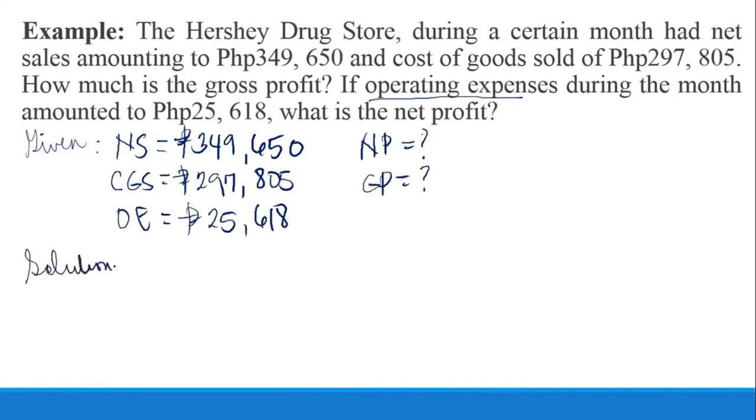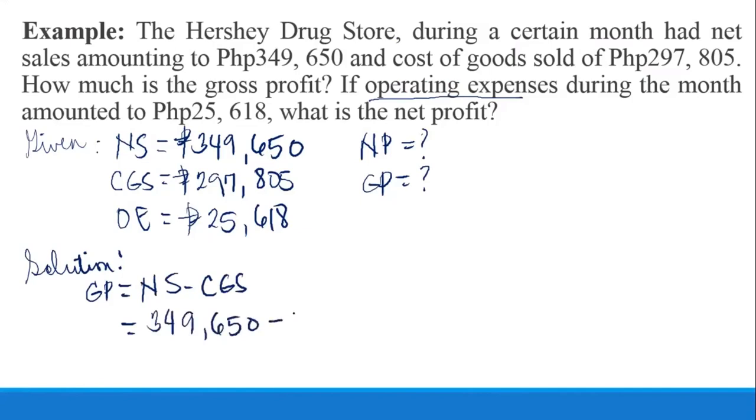So let's start for our calculation. So first one is to find for the gross profit. Okay, gross profit is the difference between the net sale and the cost of goods sold. Okay, so yung net sales natin is 349,650 pesos.